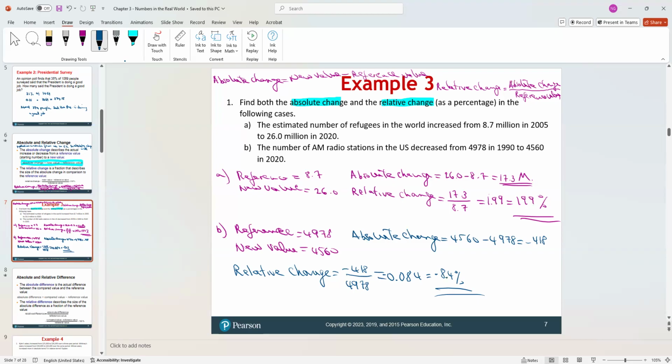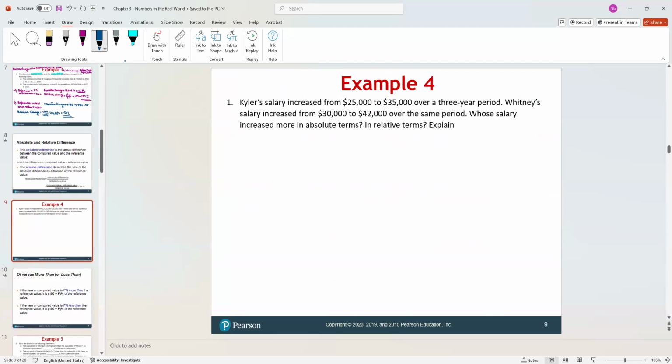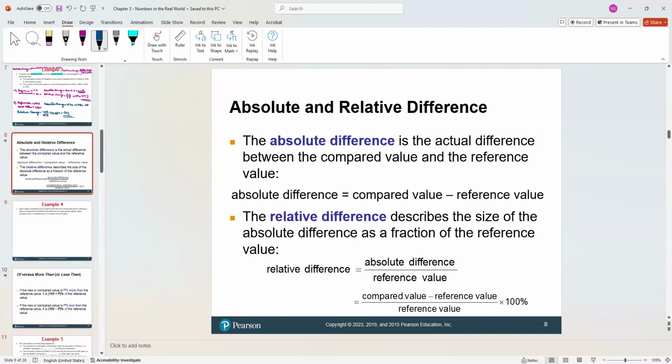All right, that's a good example for this one. But remember what we do with absolute change and relative changes, but using percentages to compare.